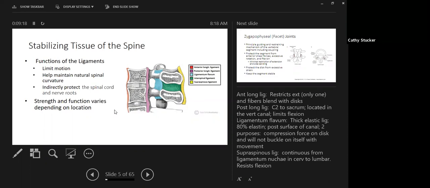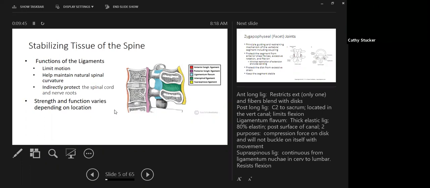The supraspinous ligament, the interspinous ligaments are the green ones, and they kind of run in between the transverse processes and the spinous processes, giving them some integrity. The supraspinous ligament, though, the yellow one here, runs all the way from the ligamentum nuchae at the cranium all the way down to the sacrum. It surfs right along the top of the spinous processes.